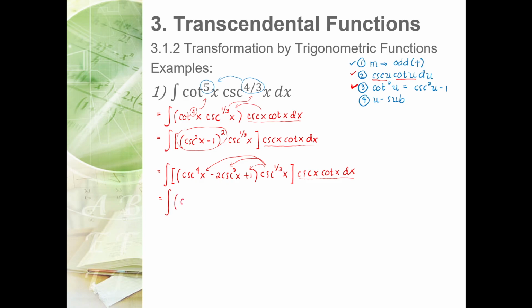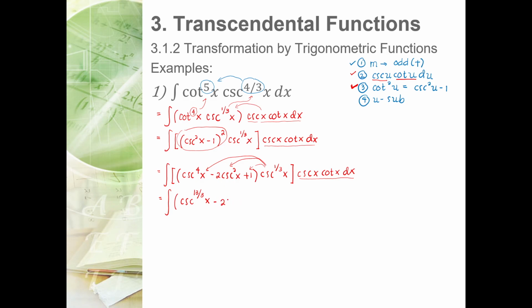Okay, so we now have cosecant. So 4 plus 1/3, that's 13 over 3 of x. Try adding that one later, or if you want to review this later, you should be quick in adding fractions.